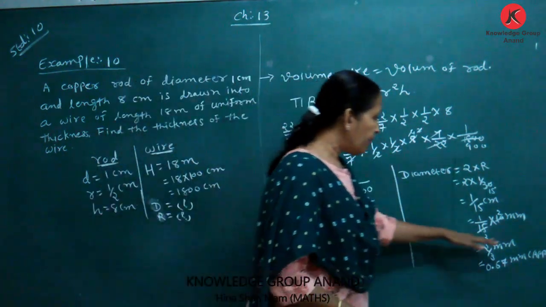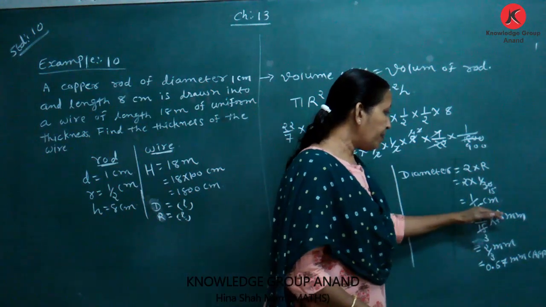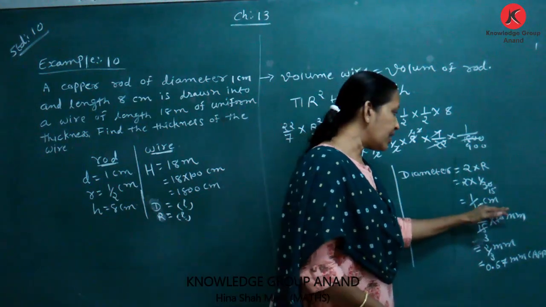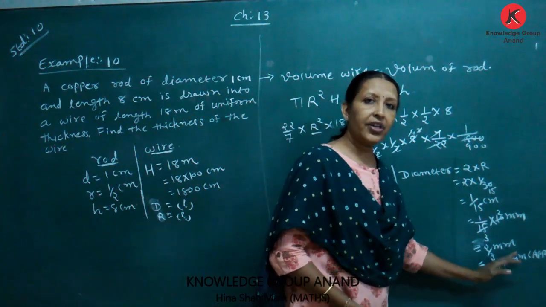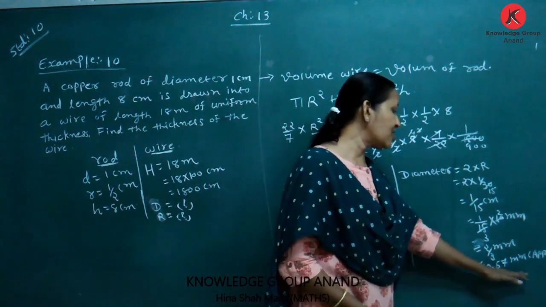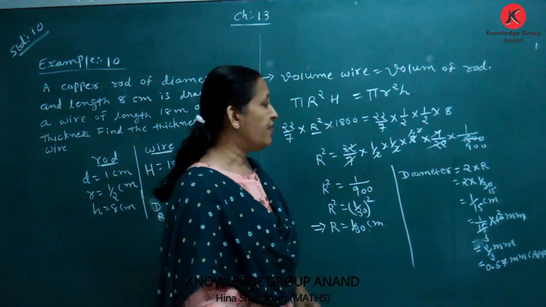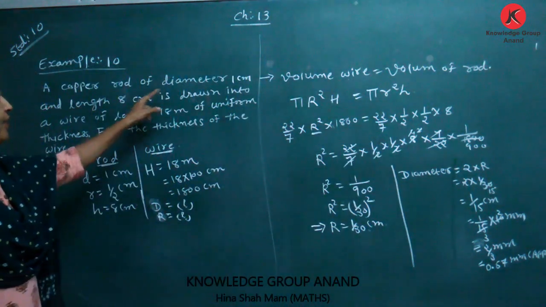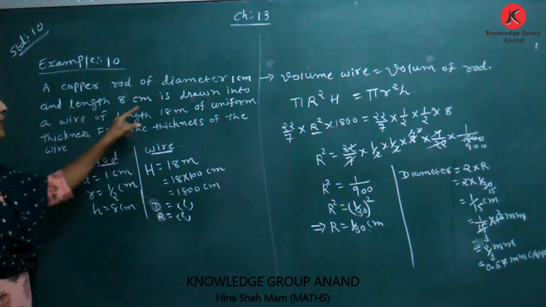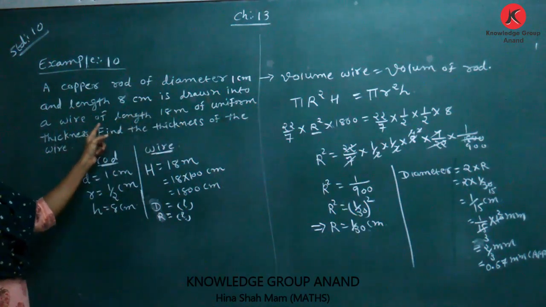If you write 1 upon 15 centimeter, it is a correct answer, but I converted it into millimeter, and the answer is 0.67 millimeter.